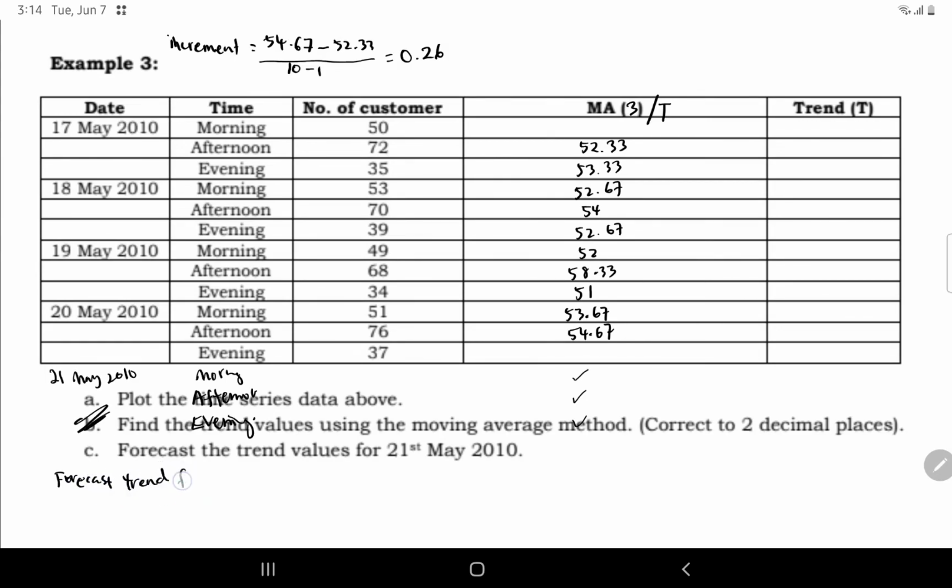Okay, so to forecast trend, kita nak forecast trend pula. Okay, untuk morning 21 Mei.